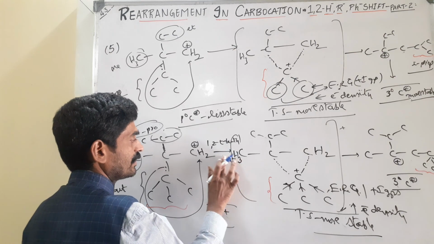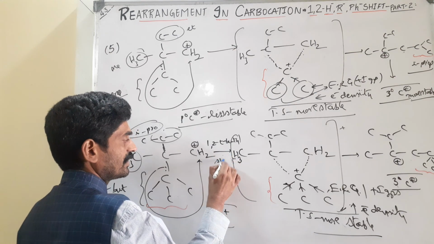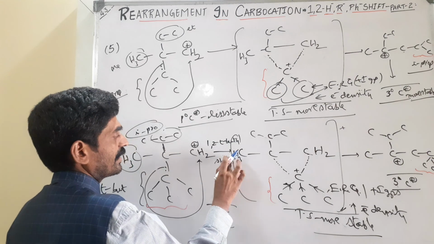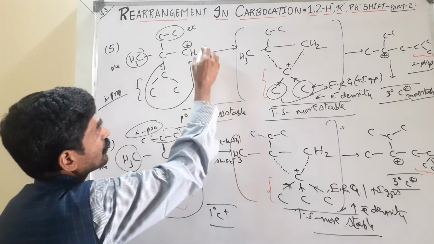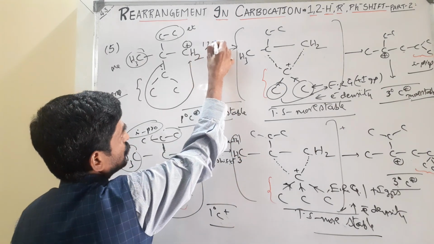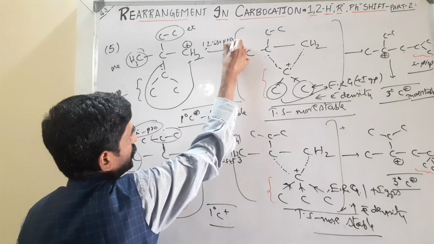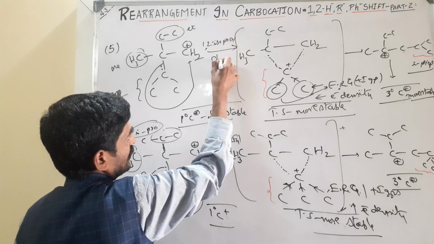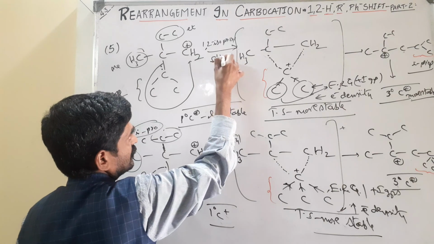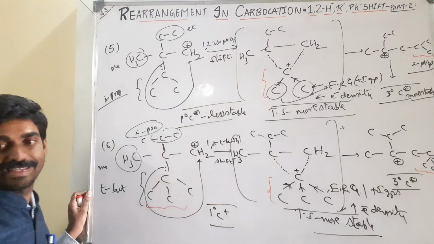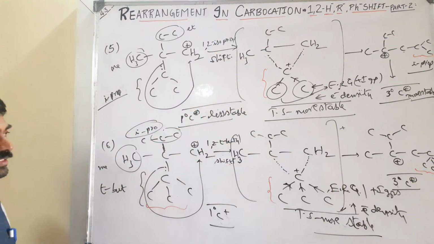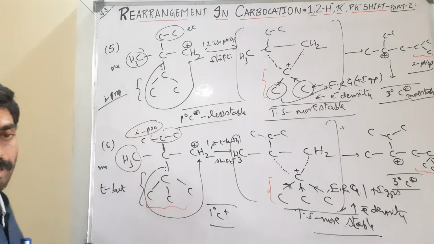Is it clear? And in this case, who is shifted here? A 1,2 isopropyl group shift takes place. Is it clear? Got it? Fine now. Copy it, my dear students. Every one of you copy it.